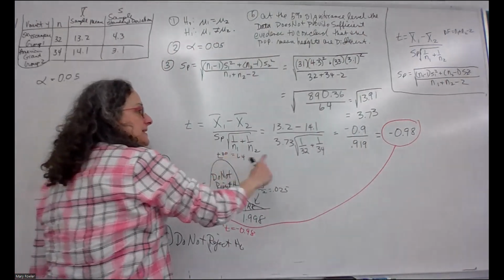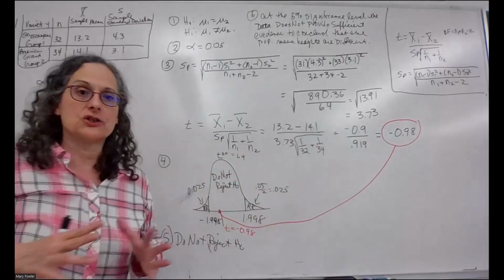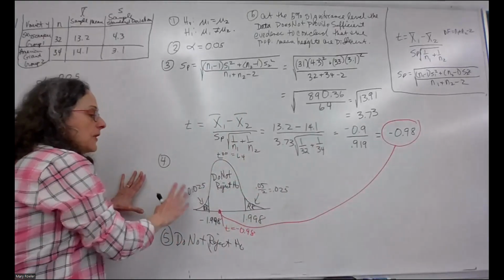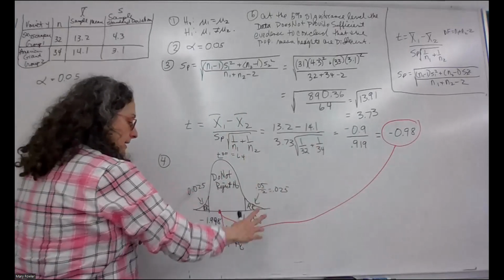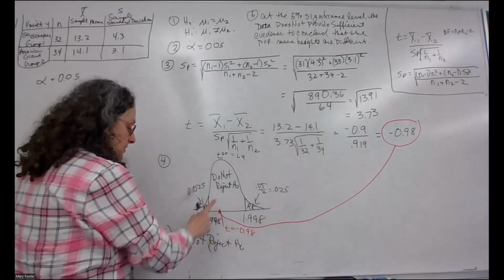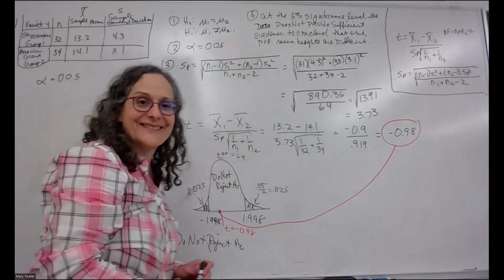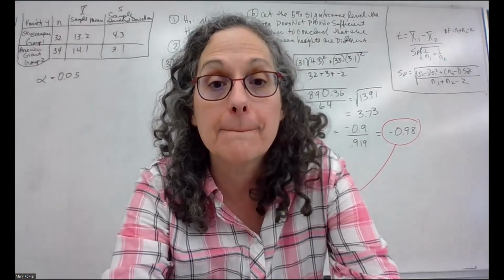Then calculate the T statistic. That's step 3. All that calculation of the test statistic. Step 4, find your rejection, non-rejection regions, right? And then step 5, plot your test statistic here to make your decision. Do not reject, and the interpretation. Okay. And now let's look at the next problem.